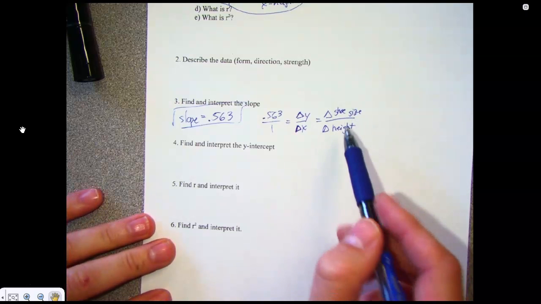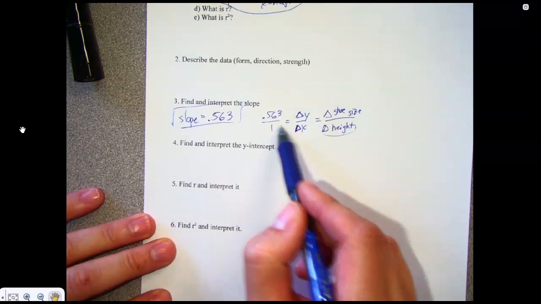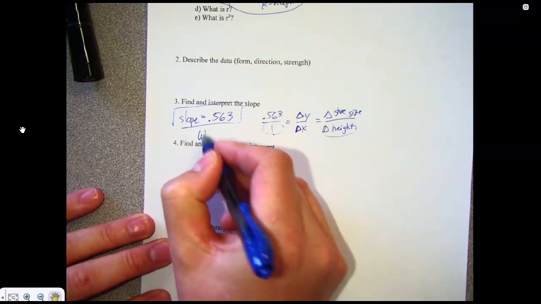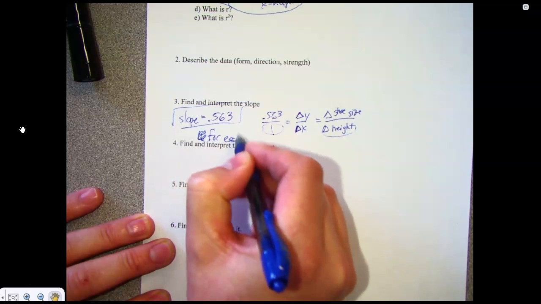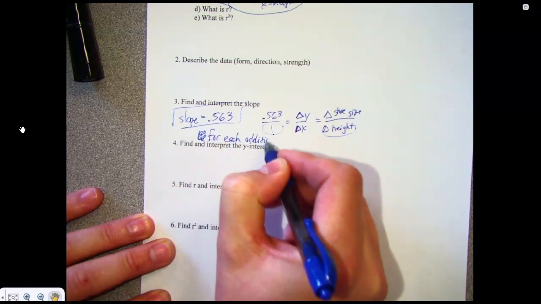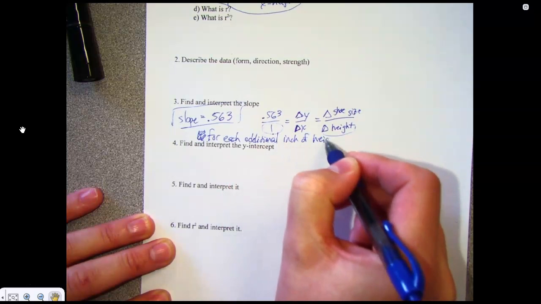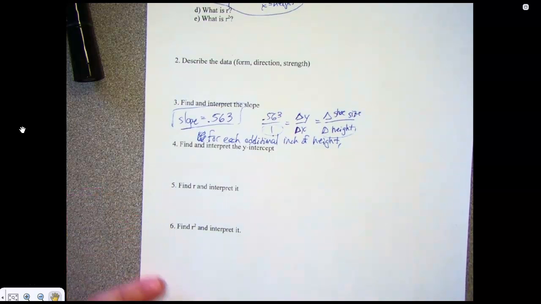What I'm going to say is, for each additional inch of height, is it true that the shoe size will increase by 0.563? Like, for a fact, you just grew an inch, your shoe size automatically got 0.563 bigger? No, it's what we expect, it's what's on average.